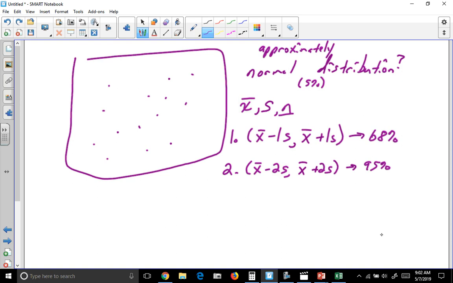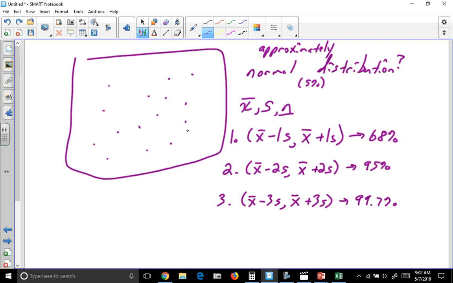If we've met both of those, then we keep on going and we check to be within three standard deviations. So we generate our third interval and we check to see, do we have about 99.7% of our data in that interval?